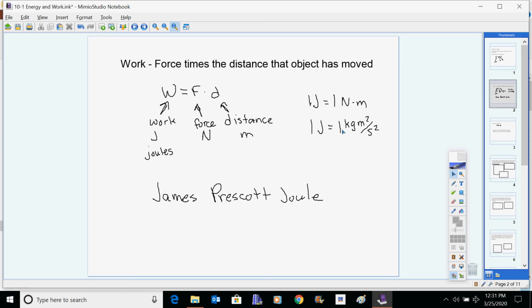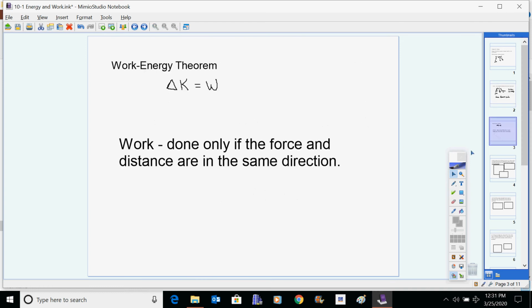A newton meter is the same as a kilogram meters squared per second squared. And that leads us to something called the work energy theorem that says if the kinetic energy changes, that equals the amount of work that was done. So the change in kinetic energy equals the amount of work.